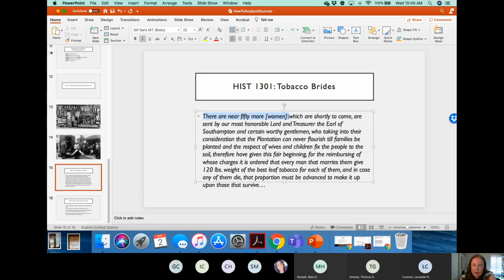There are nearly 50 more women, which are shortly to come, sent by our most honorable Lord and Treasurer, the Earl of Southampton, and certain worthy gentlemen, who, taking into their consideration that the plantation can never flourish till families be planted, and the respective wives and children fix the people to the soil, therefore have given this fair beginning, for the reimbursing of whose charges it is ordered, that every man that marries them give 120 pounds weight of the best leaf tobacco for each of them.